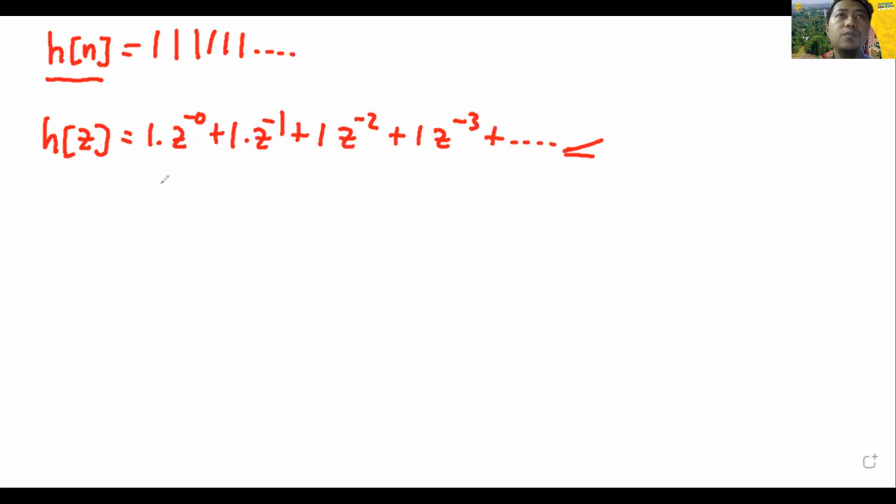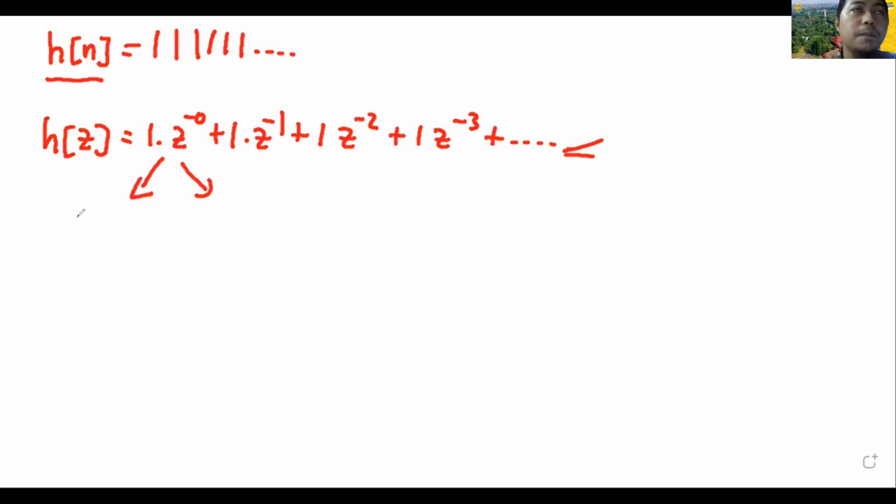But if you want to express it in a more compact form, you can see this is infinite. If you write it until a certain value, it is also permissible, but it takes space. So we want to make it more compact. There are two ways.